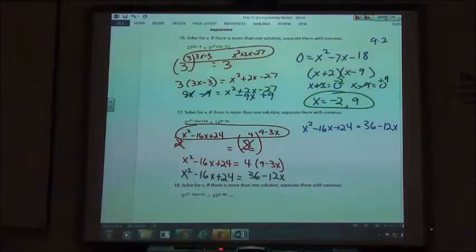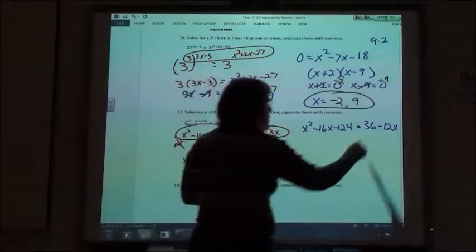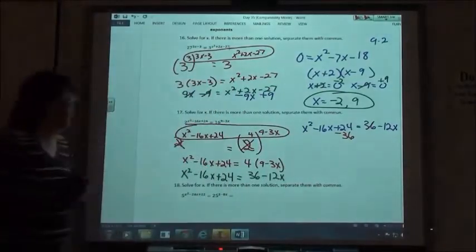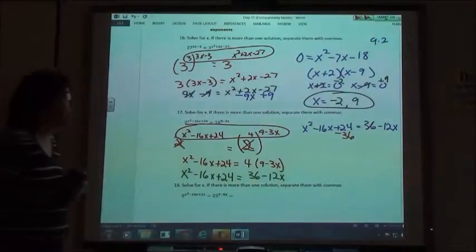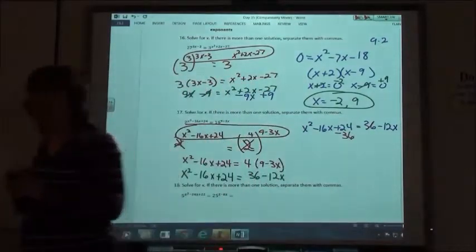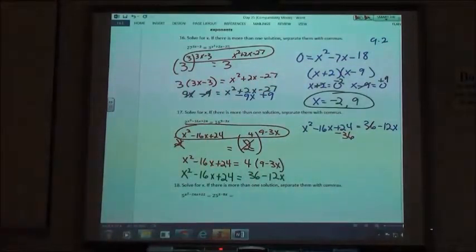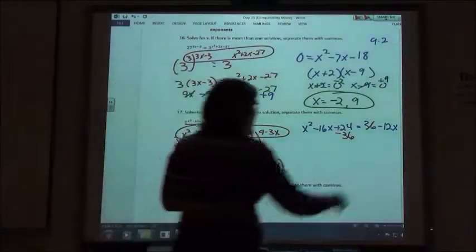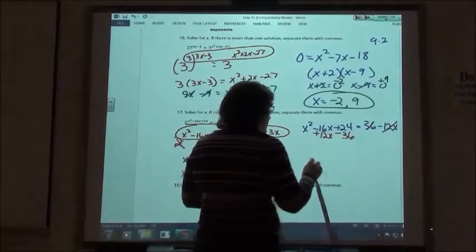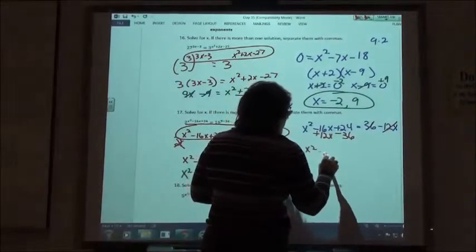You're going to bring the 24, minus 24. So I'm going to minus the 36 from the 24. And what am I going to do with my 12x? Oh, so you're moving them to the left? Right, I'm moving them over here with the x squared because I have to solve it by factoring. Oh, okay, and then the 12 is going to become positive. Positive 12x under the 16, right? Yeah. So now what am I going to have? You're going to have x squared, 4x. Let me see.